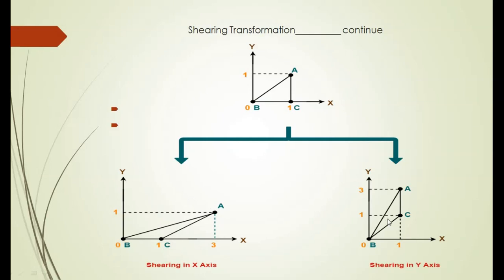In y shearing the object is slanted only in the y direction, and the x coordinate is constant.